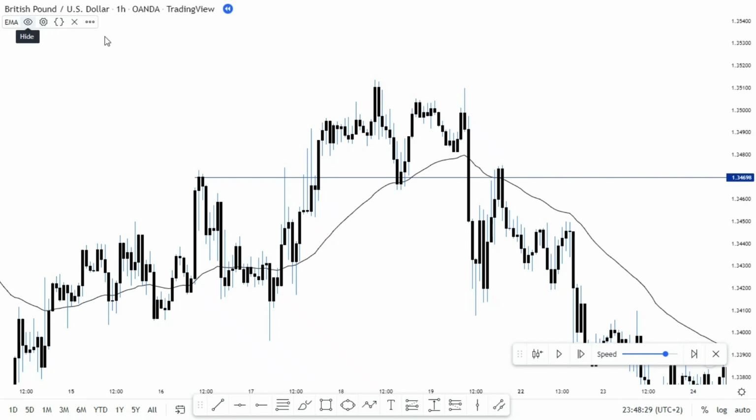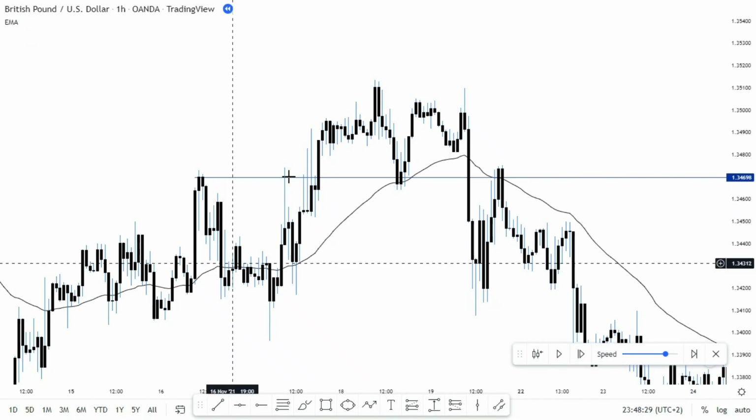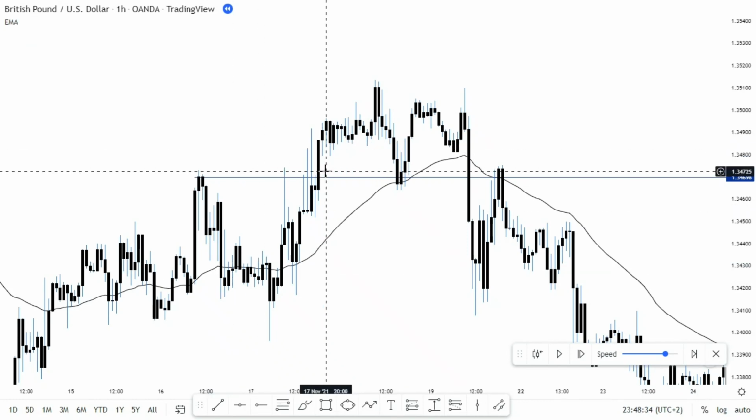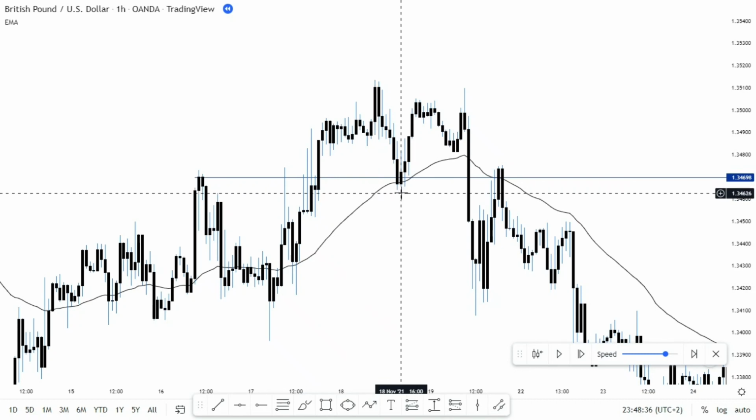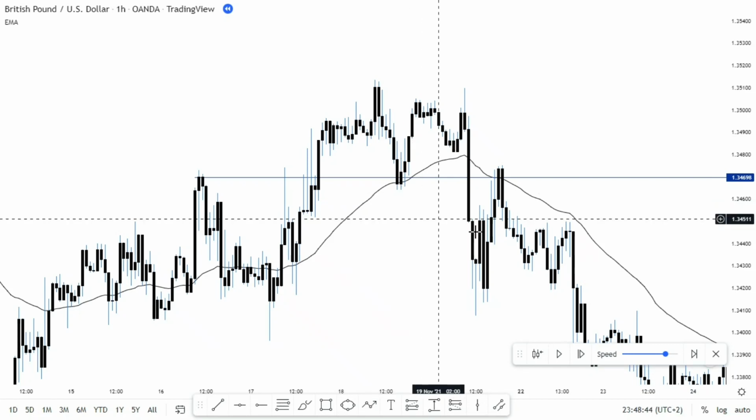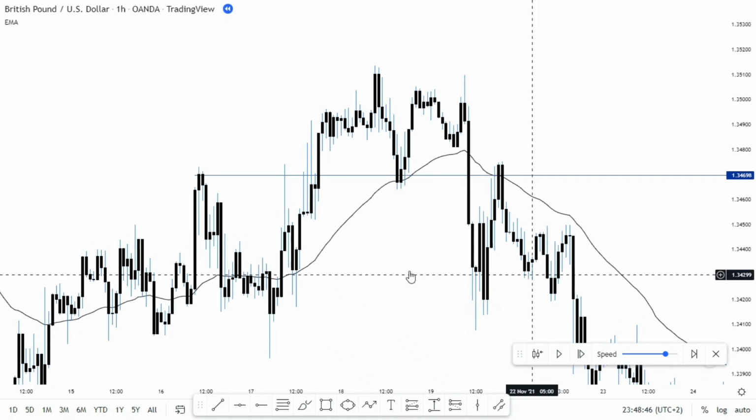Whereas if I have this in confluence with all of the other stuff that I have, remember it's an added confluence, the trade just looks much simpler. It gives you more confidence, quote unquote, to take this specific trade.